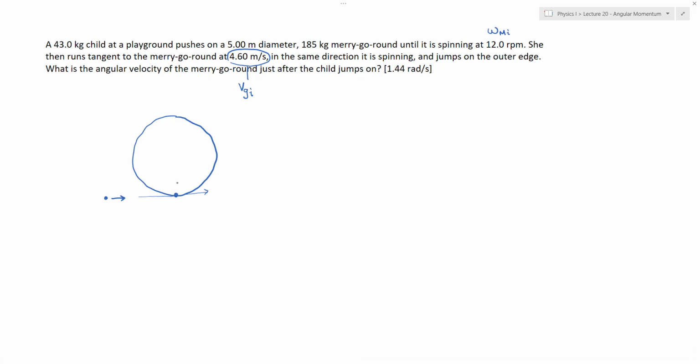Since there's no external torque, the angular momentum of the whole system initially equals the angular momentum of the whole system finally. So before she jumps on, the angular momentum is equal to the angular momentum after she jumps on.